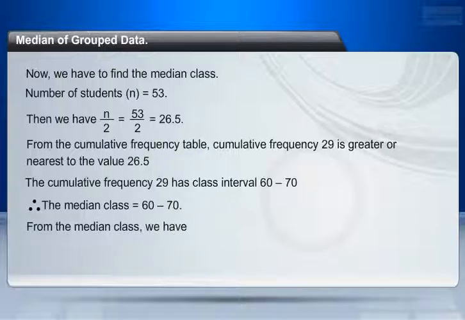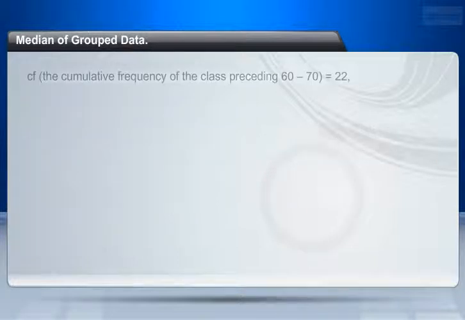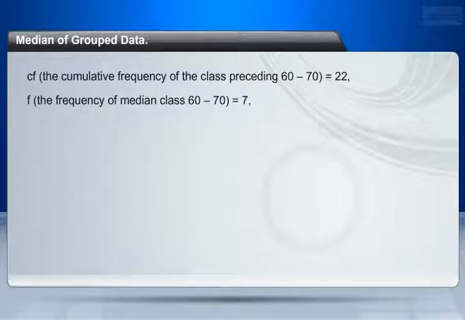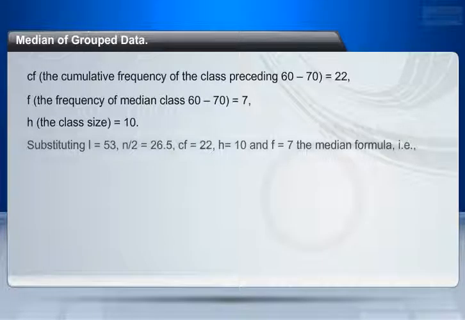From the median class 60 to 70, we have L, the lower limit, equals 60. CF, the cumulative frequency of the class preceding 60 to 70, equals 22. F, the frequency of median class 60 to 70, equals 7. H, the class size, equals 10.